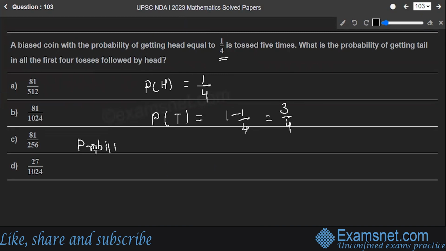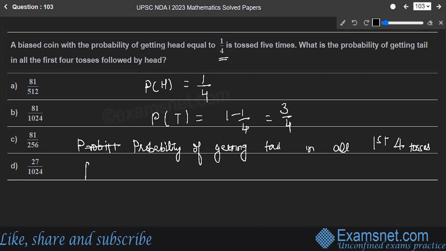Now, the probability of getting a tail in all first 4 tosses followed by a head will be, with 5 tosses, tail, tail, tail, tail, and here will be head.